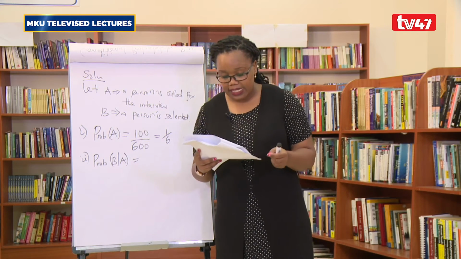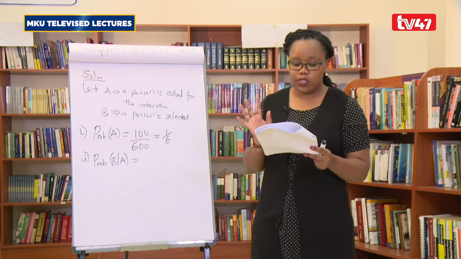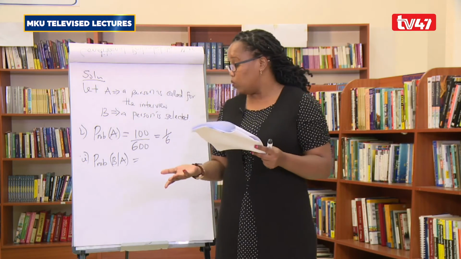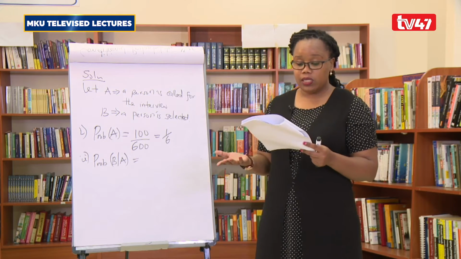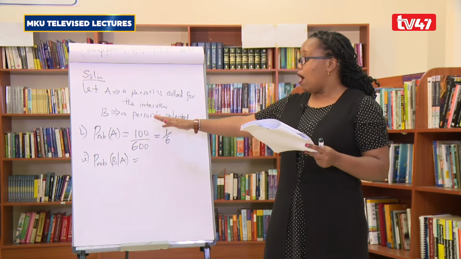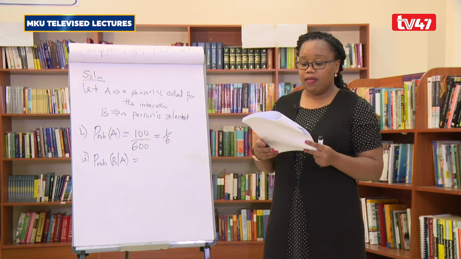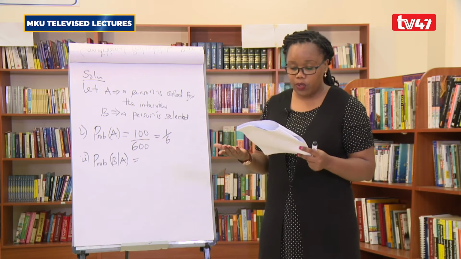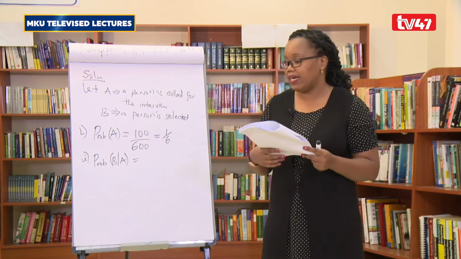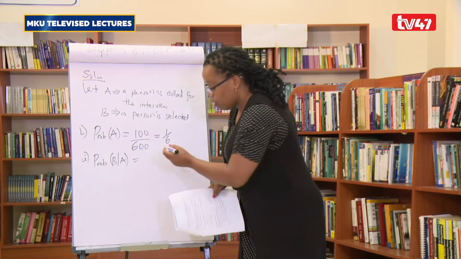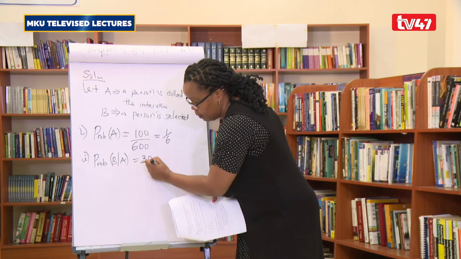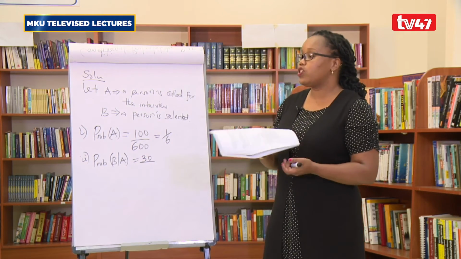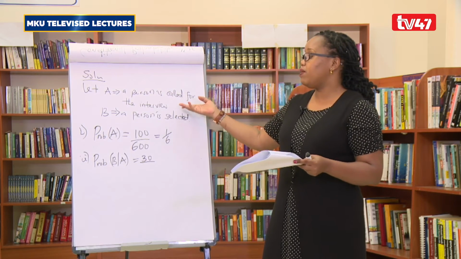Now in this case, we don't have to think much about it because we already have the values for the same. A person is selected, then we know from the question 30 candidates are to be selected. So our favorable outcome there is 30. Of course, the condition they meet is that they have already been called for the interview.